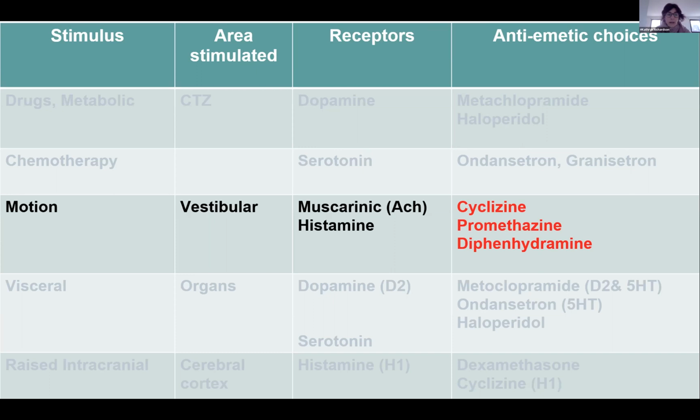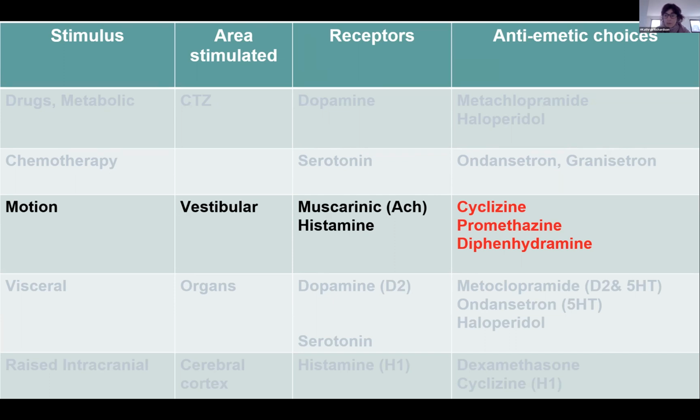And for vestibular causes of nausea and vomiting, we use the antihistamines. Okay, mostly cyclizine, which might not be available. Okay, that's not widely available, but you may have access to promethazine. So that's one we can use.